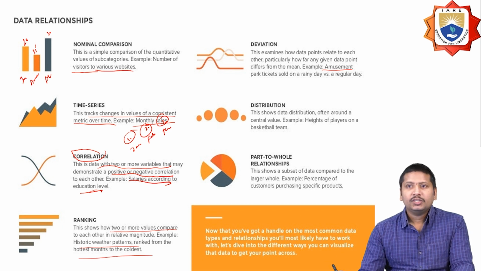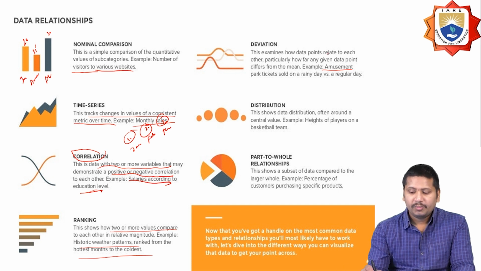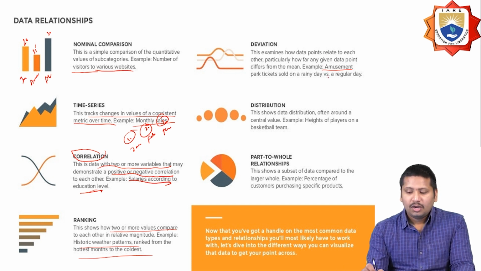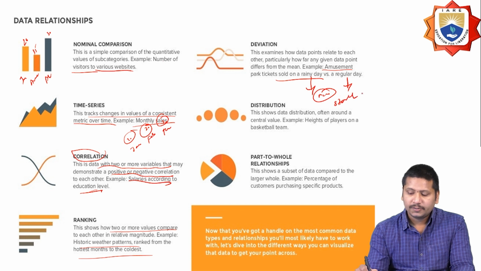And deviation, which means that here it should be examined how to calculate with respect to the mean deviation. That means amusement park tickets that are going to be sold on rainy and regular days. So I want to calculate the mean of that, how many percentage, or I am able to do the standard deviation also.